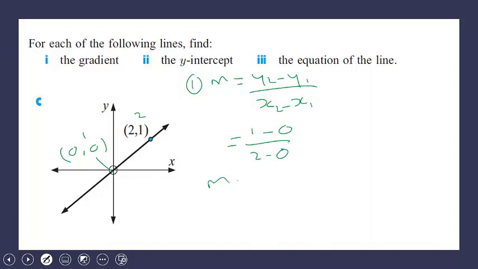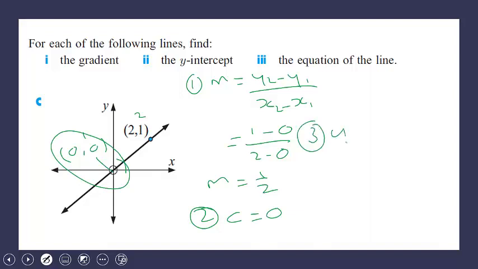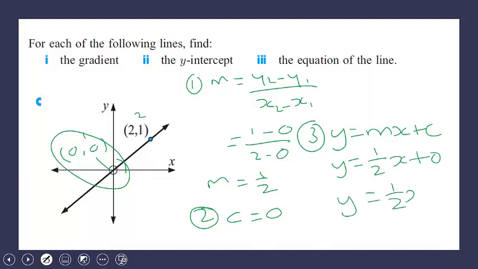So m equals 1 over 2. Question 2, the y-intercept, c equals 0 because that's where it cuts the y-axis. And my formula, question 3, y equals mx plus c. So y equals 1 over 2x plus 0, or y equals 1 over 2x.